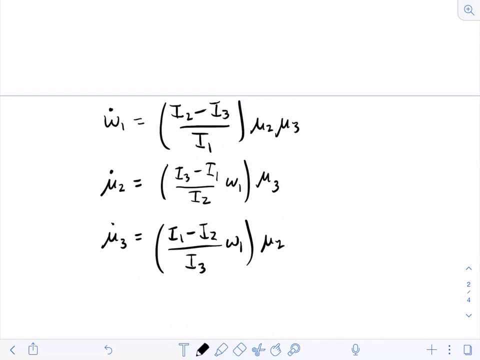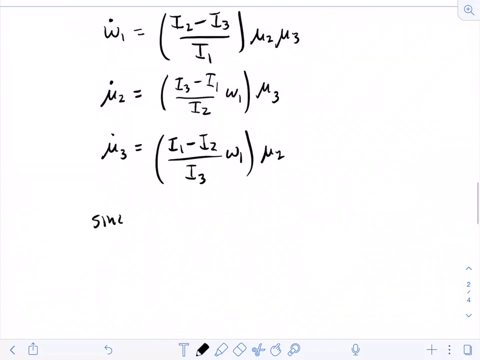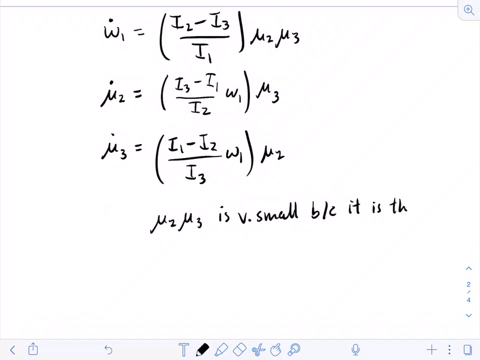Okay, so the first thing we can do is deal with the first equation. mu 2 times mu 3 is very small because it is the product of two small numbers.